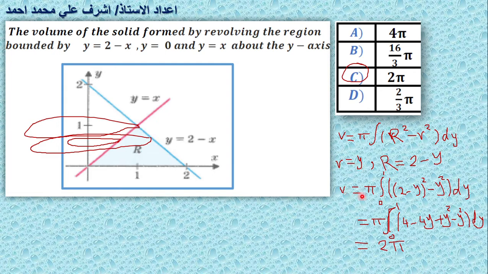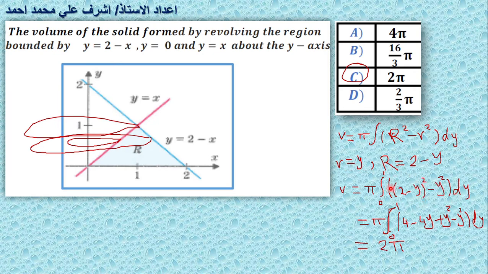So V equals pi times the integral from a to b. Here y is changing from 0 to 1, though x goes from 0 to 2. Now we will use dy, so the boundary is about the y-axis, from 0 to 1. From 0 to 1, pi times R capital squared, (2 minus y) squared, minus r small squared, y squared, dy.